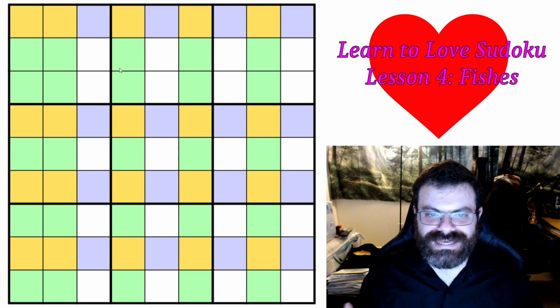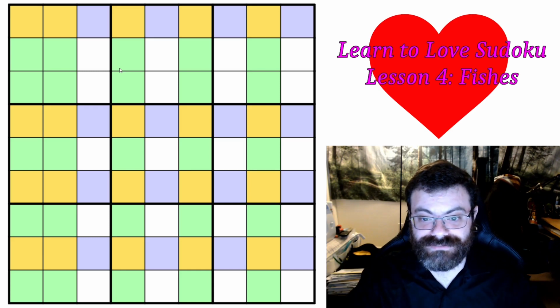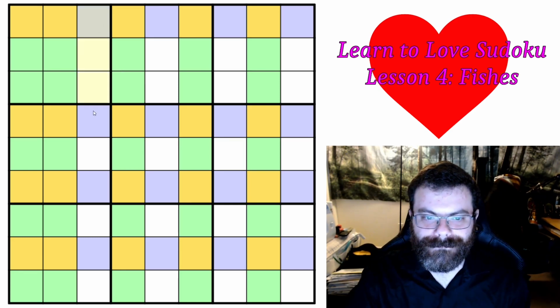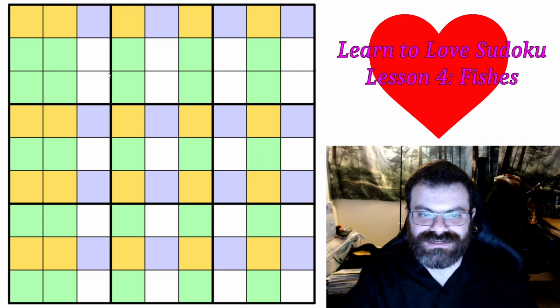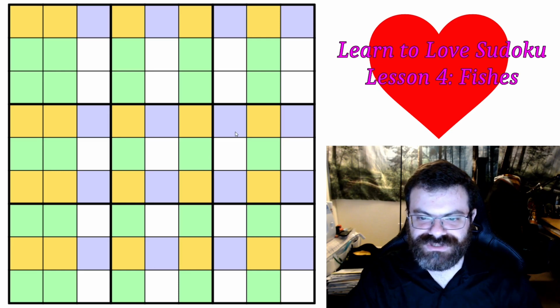But by essentially definition, if you look at the puzzle rotated 90 degrees and you look at columns instead, because we were able to find that 5-fish on rows, that means that there has to exist a jellyfish on the same number in the columns for the rows that we found the 5-fish on.